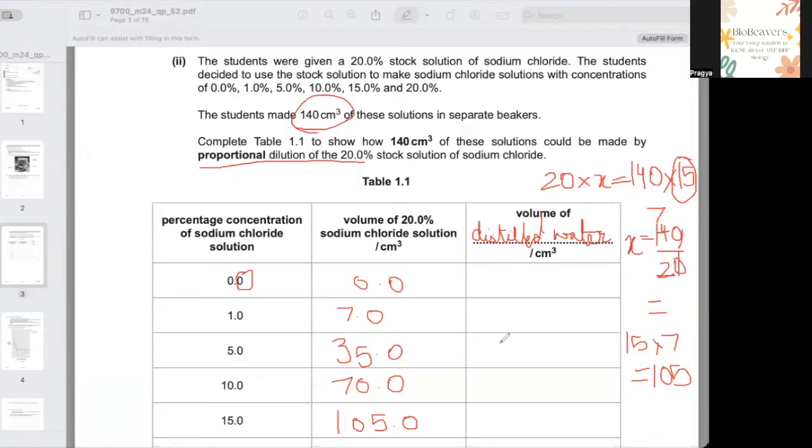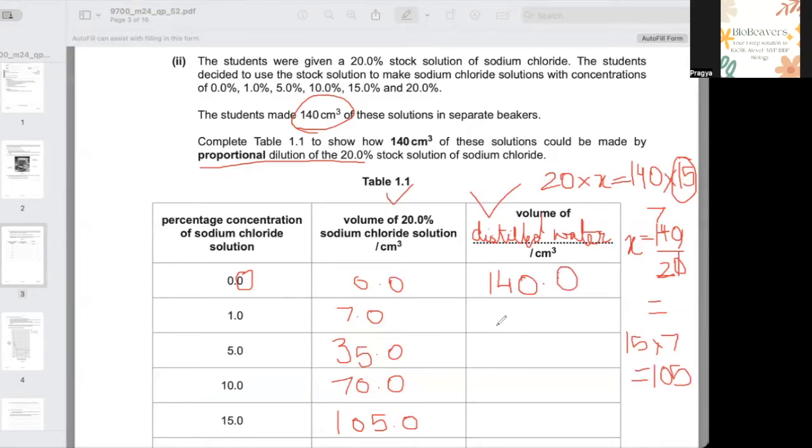Now, how do I calculate values here? These values are the remaining water which has to be added so that this plus this should be equal to 140. So here, if I'm adding 0, the amount of water I'm adding is 140 here.